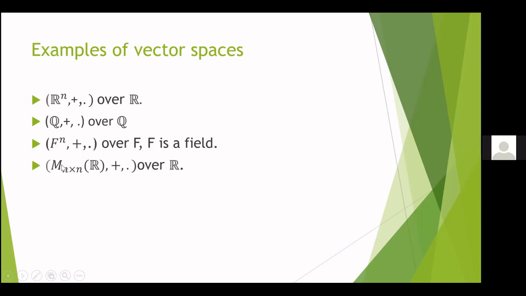Similarly, the set of all n by n matrices whose entries are from real numbers is also a vector space over R for usual addition and scalar multiplication. Here P_n(x), the set of all polynomials of degree less than or equal to n, is a vector space over R for addition and scalar multiplication.